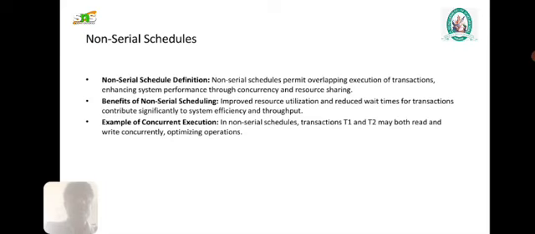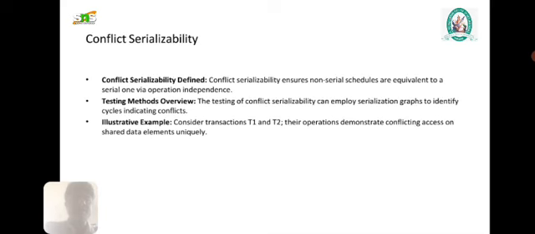A non-serial schedule permits overlapping execution of transactions, enhancing system performance through concurrency and resource sharing. The benefits of non-serial scheduling are improved resource utilization and reduced wait times for transactions, contributing significantly to system efficiency and throughput. An example of concurrent execution in non-serial schedules: transactions T1 and T2 may both read and write concurrently, optimizing the operations.